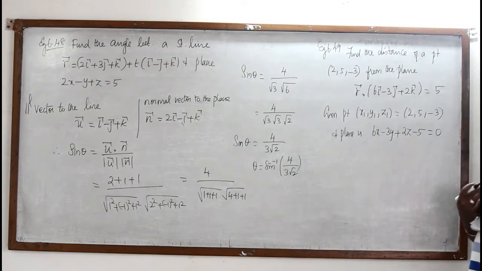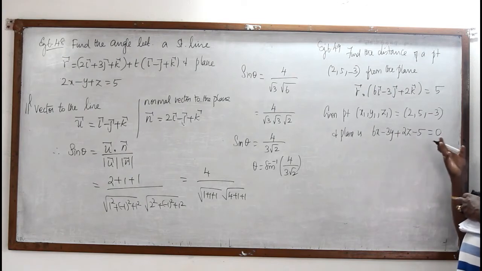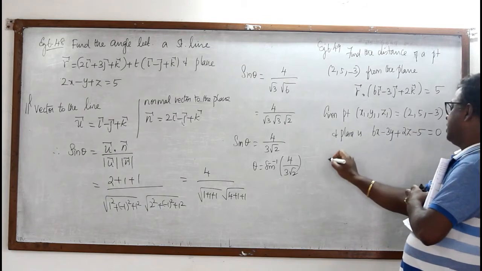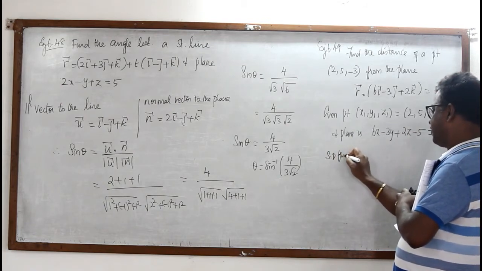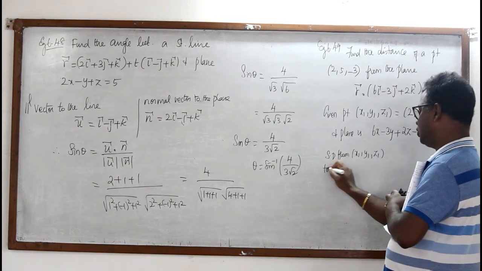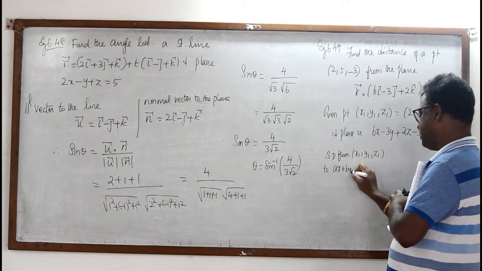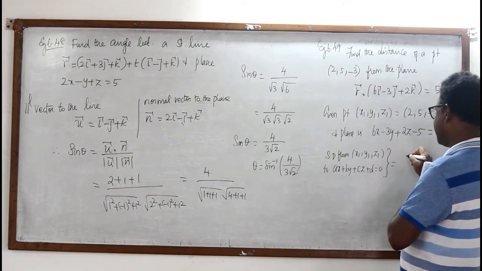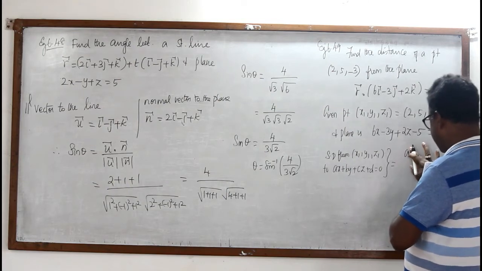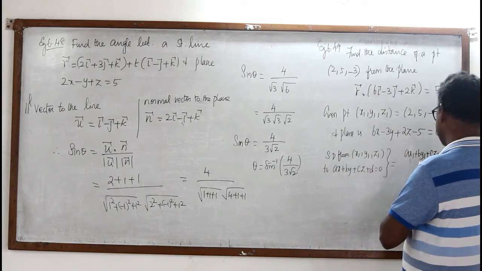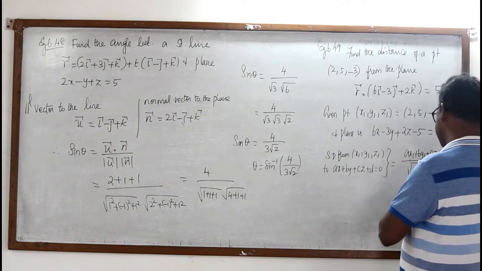You must practice changing vector form to Cartesian form, and Cartesian form to vector form. Now, the shortest distance from x1, y1, z1 to the plane ax plus by plus cz plus d equal to 0 is given by the modulus of a into x1 plus b into y1 plus c into z1 plus d, by root of a square plus b square plus c square.